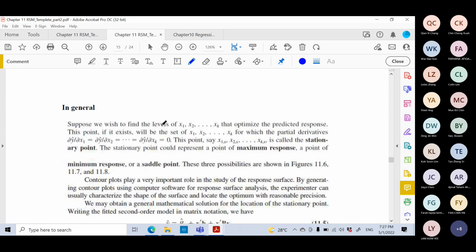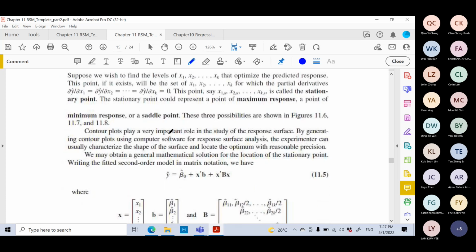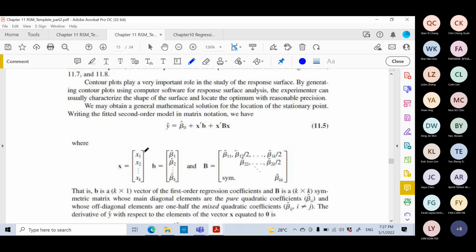We also use the same idea: differentiate y hat with respect to x1, differentiate y hat with respect to x2, until differentiate y hat with respect to xk, then equate to 0. If you equate to 0, of course we will write in the following form: it will be equal to x prime b and x prime B times x, as I have just shown you. Then x is given by x1 until xk.